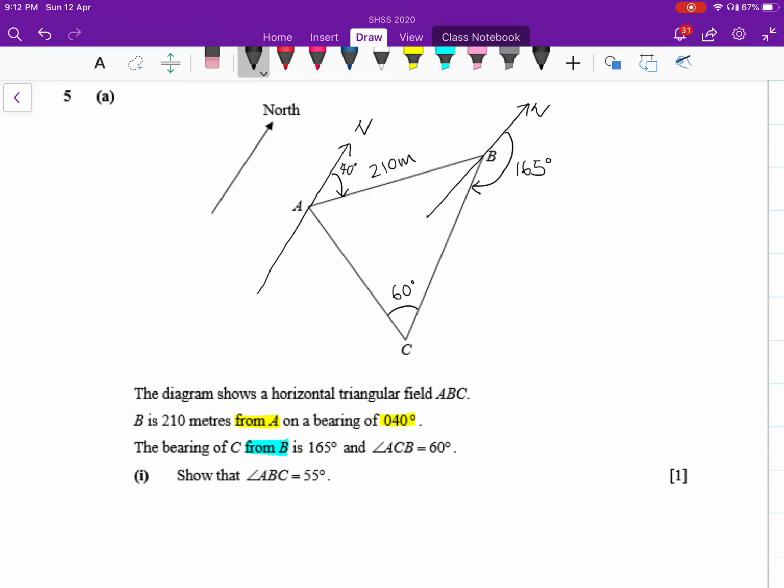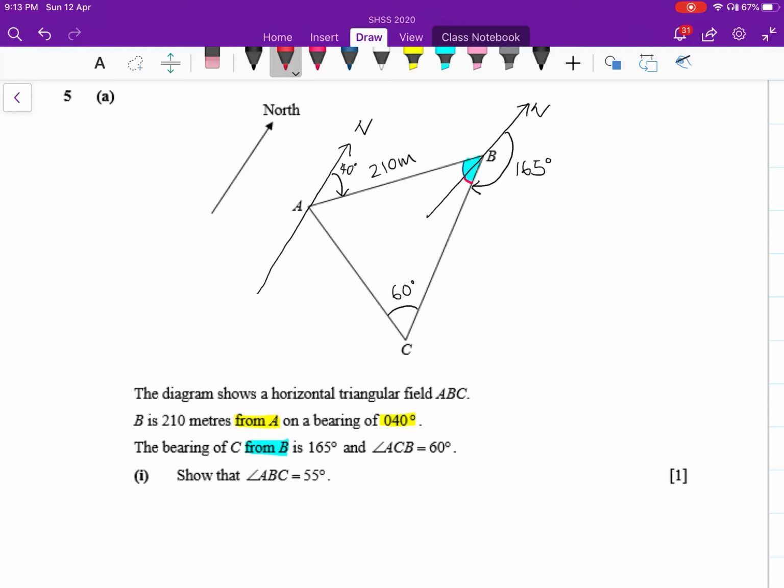Show the angle ABC is 55 degrees. They want you to find the angle here. Okay, this blue color angle. Now this blue color angle is made up of 2 angles, which is the blue color one and the pink color one. Now it's easy to find the pink color one because the pink color one is just 180 degrees minus 165 degrees. But what about the blue color one?